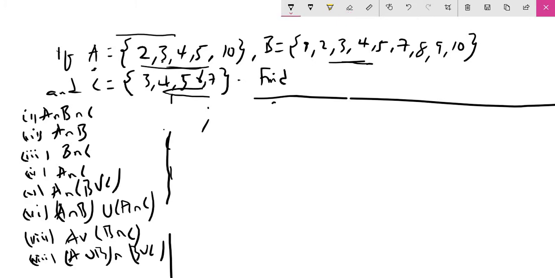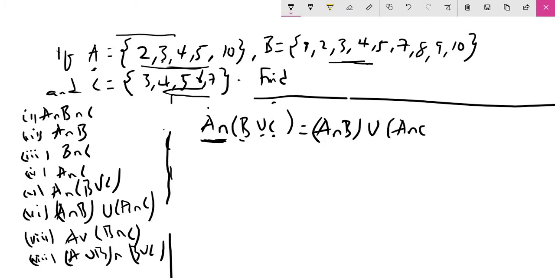Now, whenever you have A intersection B union C, you can actually distribute this over that, just like you expand brackets. So you see A intersection B, expanding it, you have A intersection B union A intersection C. This is the distributive property.